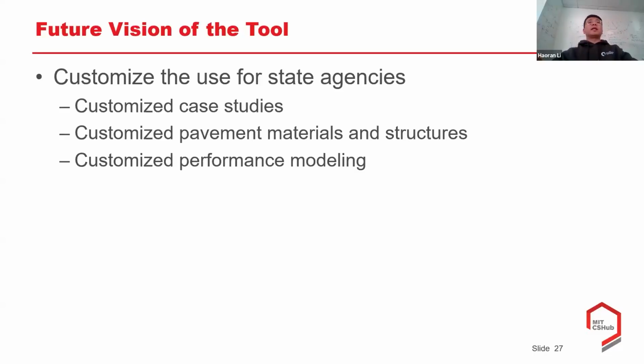And also we can customize the performance modeling because we're using surrogate models to approximate MEPDG prediction. So we're able to use local calibrations because we're using exactly the same empirical equations to translate our predicted damages to the measurable distresses.